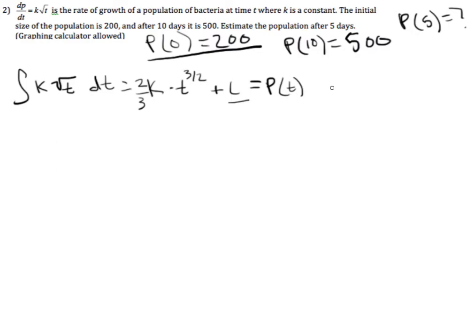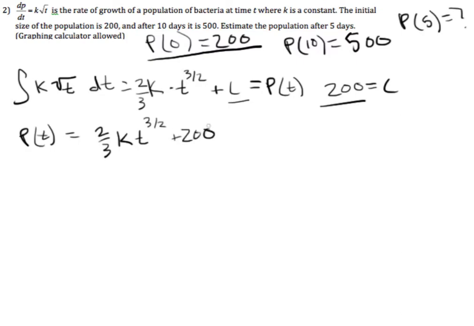If you do that, then you would get 200 equals C, our constant of integration. So then we have the function P(t) equals 2/3 k times t to the 3/2 plus 200.